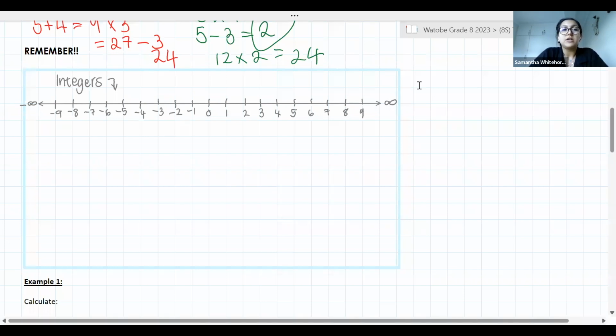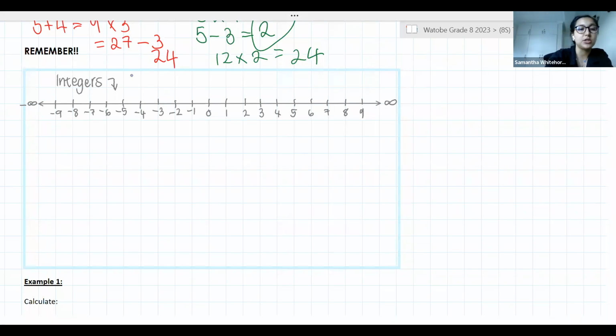The next thing that we need to remember is what happens when we start using the operations multiplication and division. So when we multiply with integers, let's break it up. We need to bear in mind our signs can possibly change. So when I've got a positive times a positive, my answer is going to remain positive.